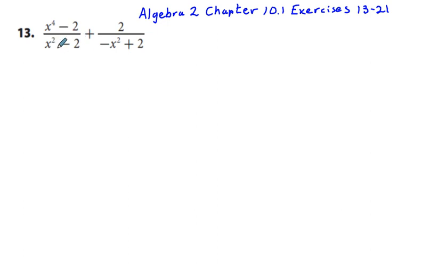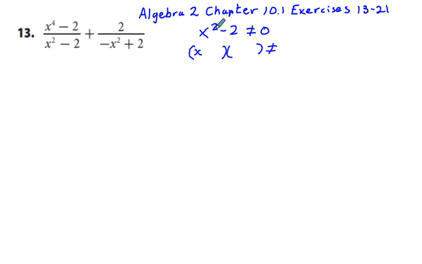So far, we can find our excluded values. I'm going to start by setting our denominator not equal to 0. So if we set the denominator of our first fraction, x squared minus 2, to not equal 0, we can use the difference of squares to factor this.